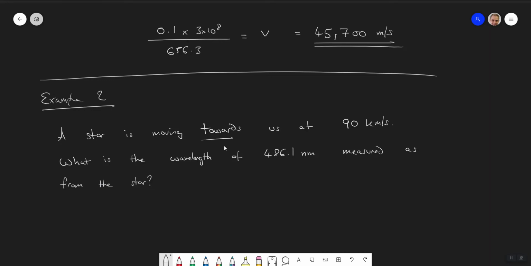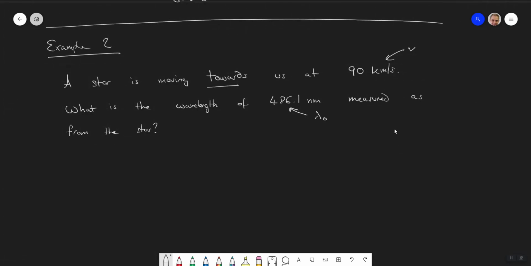Okay, so I've set this up. It's not the cleanest language I've used. We've got something moving towards us, so we've got V. This is our reference wavelength, lambda 0, and we think it should be 486.1 if it was stationary, but what would we measure it as being? So let's put this in.